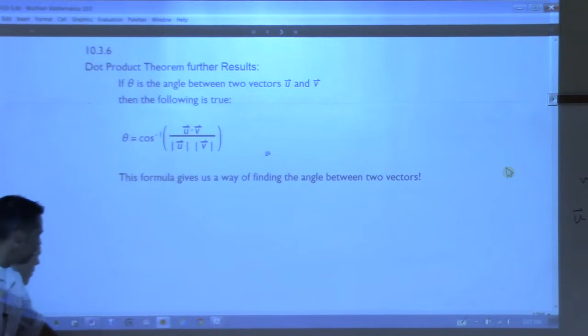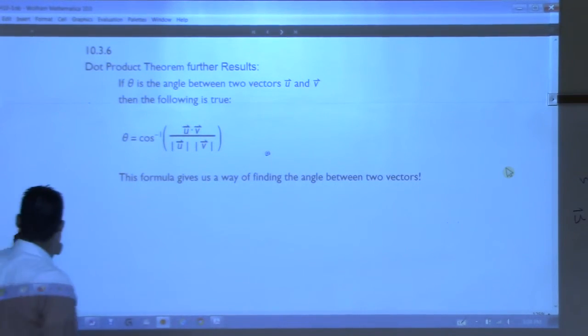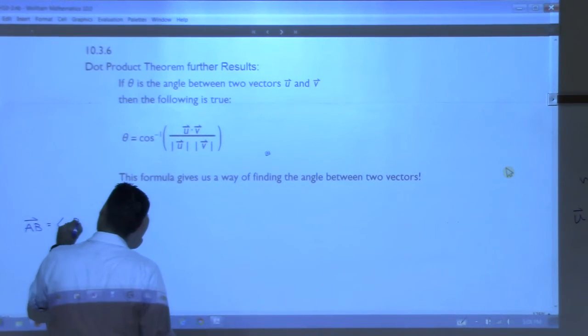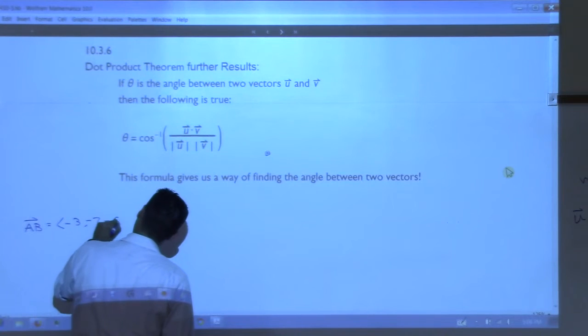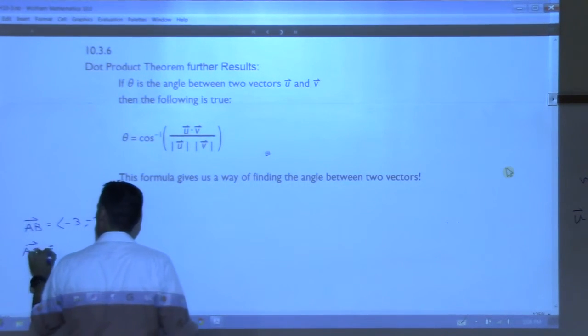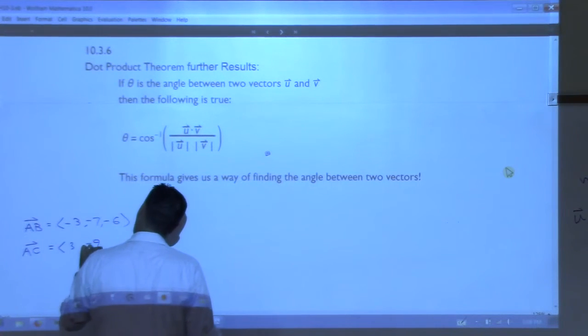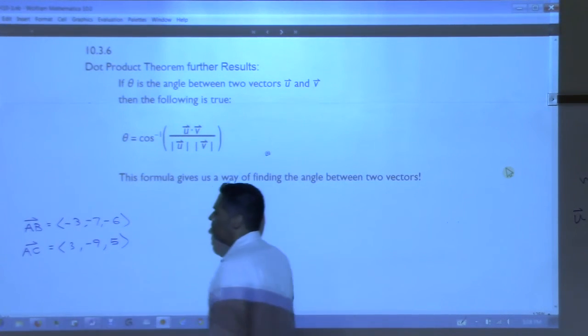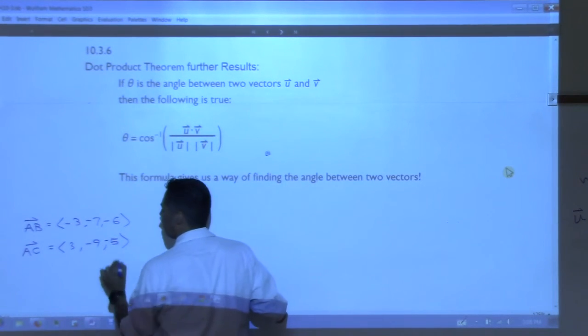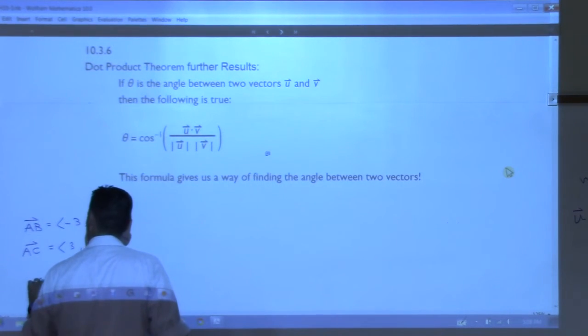So let's take a look back at the problem we just did. What was the vector AB? I erased it. The vector AB was -3, -7, -7, they're all negative. And then vector AC, 3, -9, -5. So we already did the dot product here. What was the dot product of these?